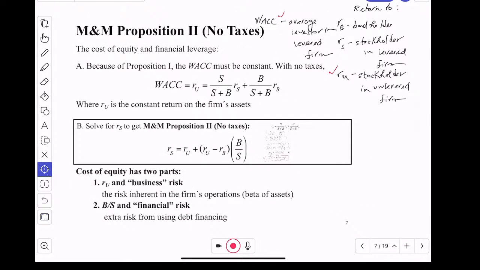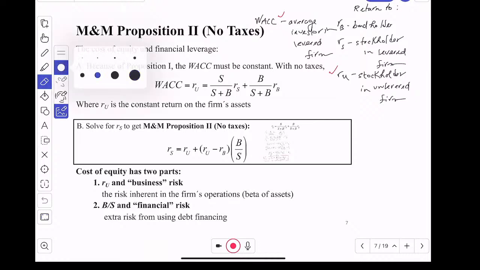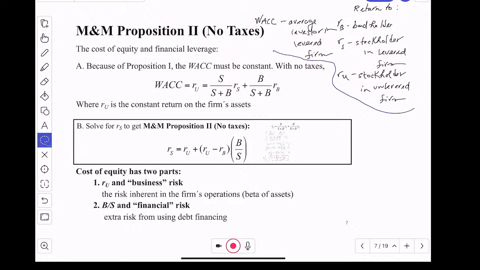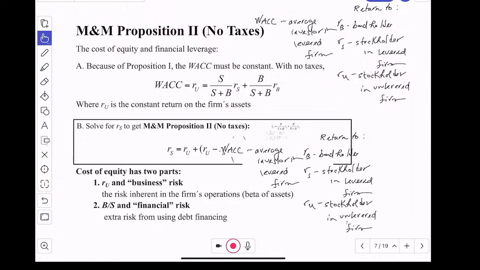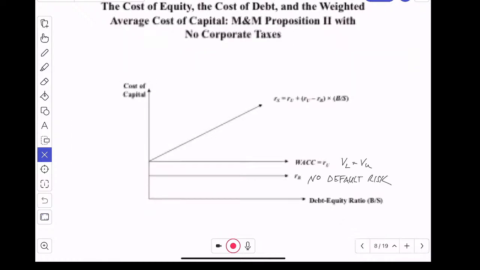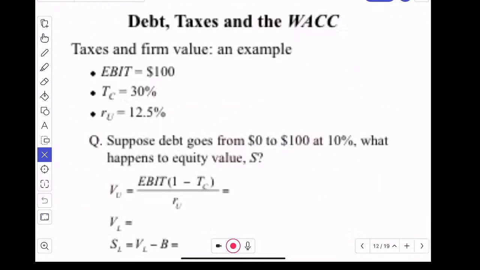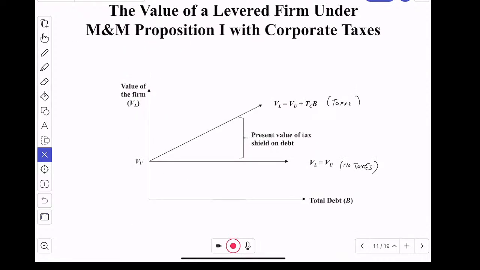So first I'm going to present an example.